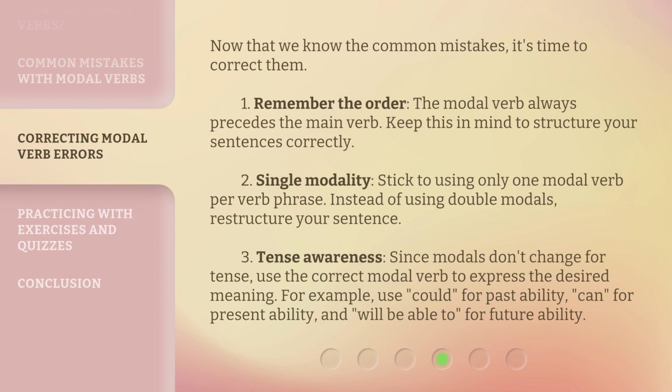Instead of using double modals, restructure your sentence. 3. Tense awareness. Since modals don't change for tense, use the correct modal verb to express the desired meaning. For example, use could for past ability, can for present ability, and will be able to for future ability.